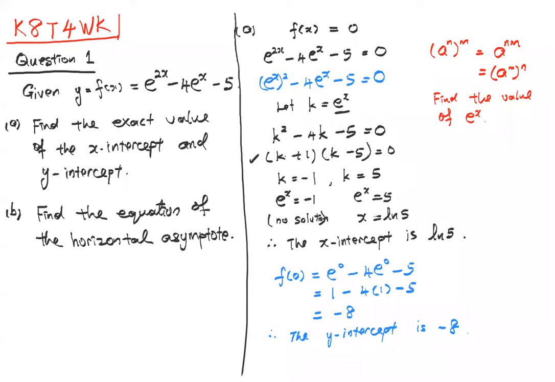Got it? Okay, let's move to find the equation of the horizontal asymptote. So every time when a question says find the equation of horizontal asymptote, I definitely need to do this study. Okay, so I have to do 2 directions. This is the axis.